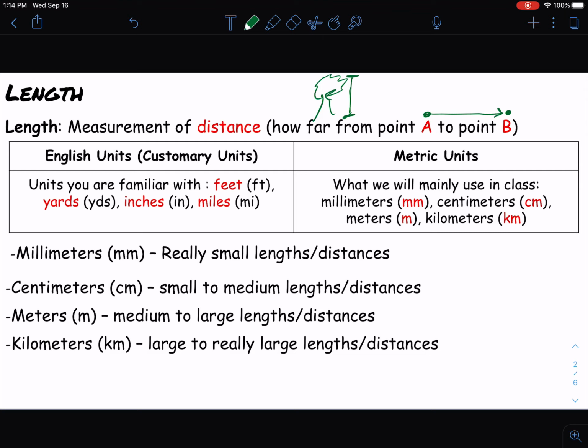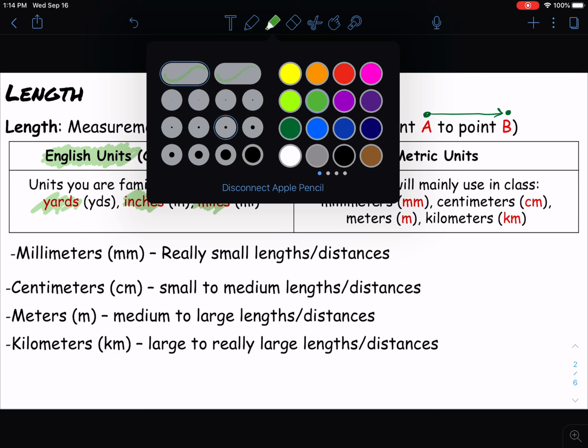Now, right now at least, before this class, you commonly measured everything in English units, and that's what you're familiar with. You can visualize what a foot looks like, what an inch looks like, what a yard looks like, and you can probably visualize what a mile looks like. These are English units, though, and this is not what we will be using in class.